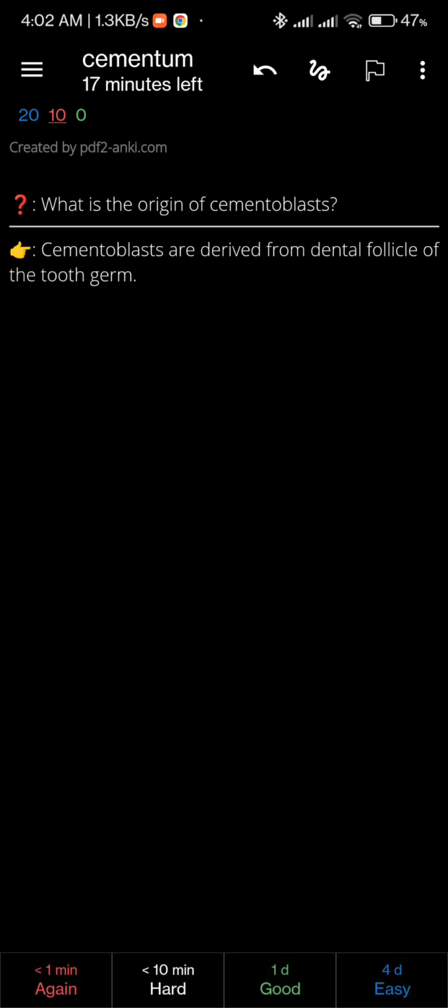What is the origin of cementoblasts? The dental follicle in the tooth germ. What is the process by which cementoblasts deposit collagen onto the dentin matrix?